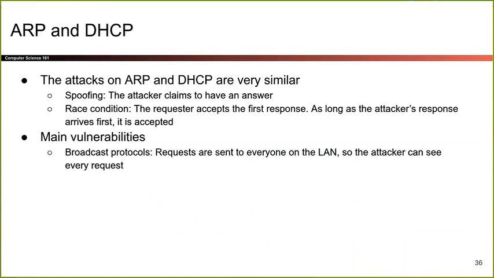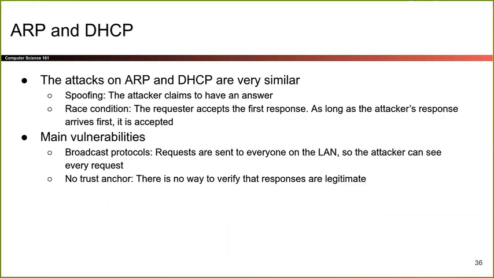So again, we always ask anybody for help and we don't care who answers. So that's part of the reason why these are vulnerable. And also there's no trust anchor. So you're wondering, maybe instead of broadcasting, why don't I just ask the right person? The problem is there's no trust anchor. I don't know who to ask and I don't know who to trust. So there's no way to verify that responses are legitimate.